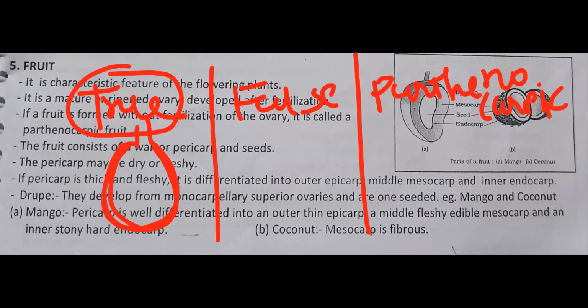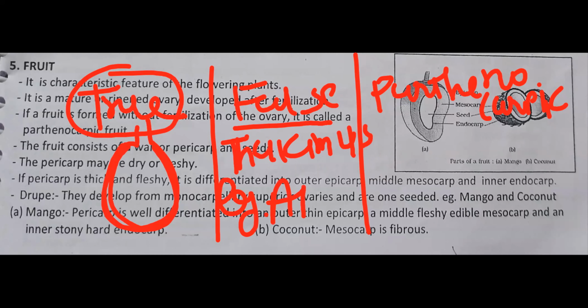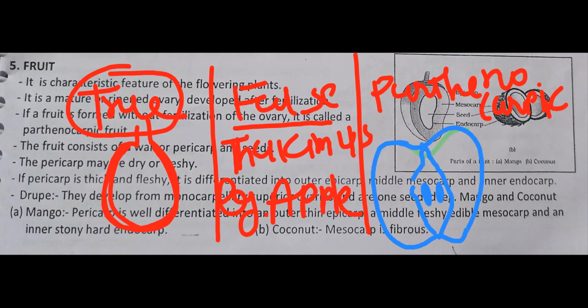Then next, that's a false fruit. With the ovary, other parts of the flower, like the thalamus, also form fruit and become the edible part, for example apple. In apple, when we take a longitudinal section, at the center you get this type of margins, and over here seeds are present.